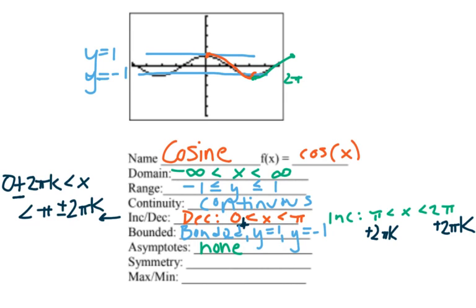It asks if there's symmetry, and yes, if you cut at the y-axis this piece in half, it would reflect on itself, so it's an even function, and it's symmetric to the y-axis. Then they want you to find out all the maximums and minimums, and again, you can do it for just this image if you would like, since we haven't done a whole lot of exploration of our trig functions yet, or you can understand that right here is a local maximum at 0, 1.